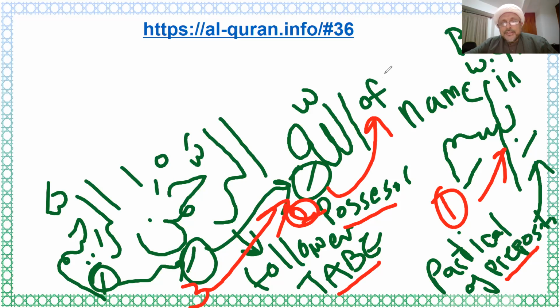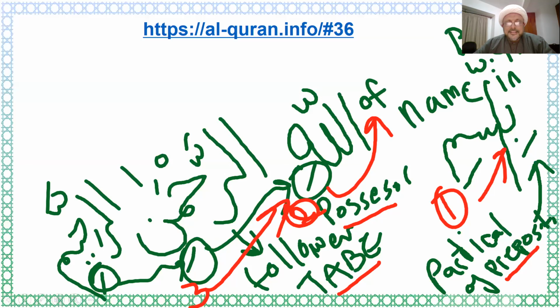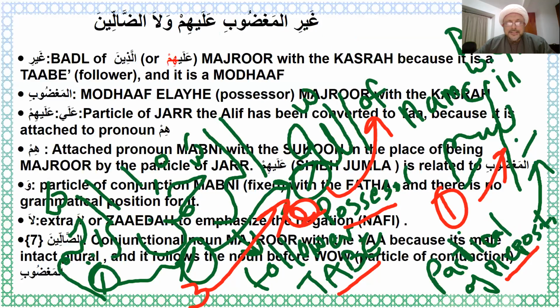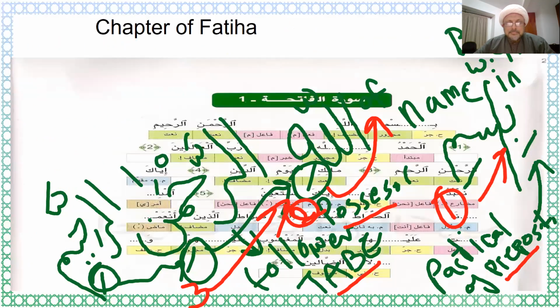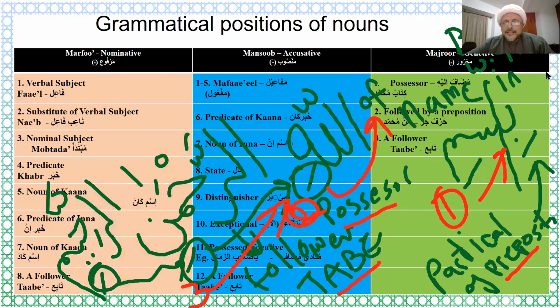Now if you recall, let me make you recall. Let me just go back to my green slide. Yes. So we said, see the column, how many types of majroor noun do we have? 3 types.